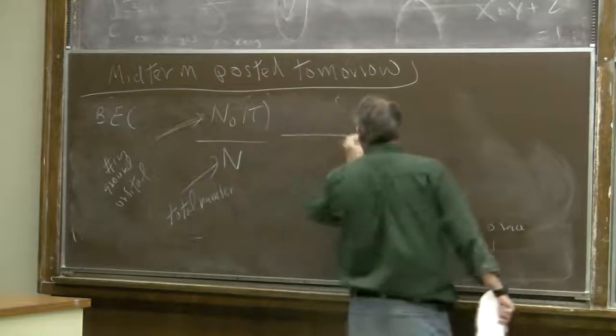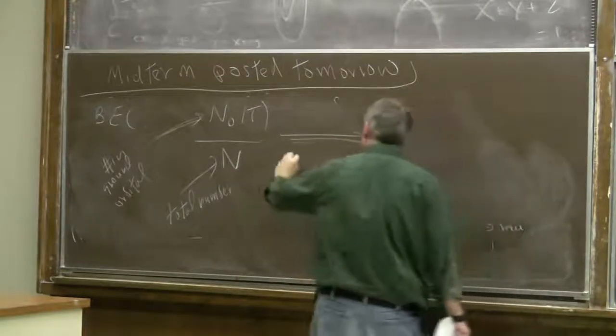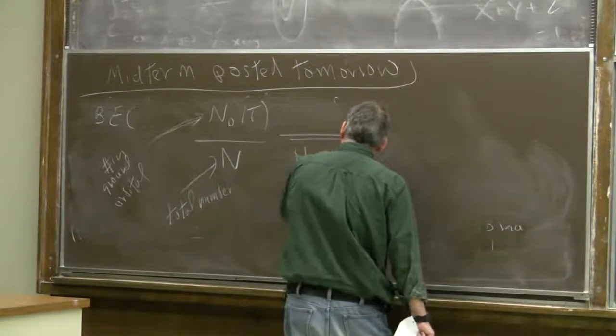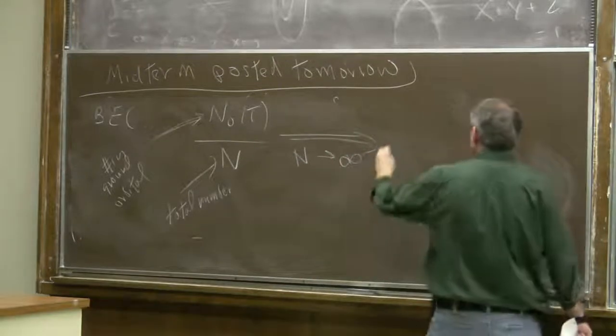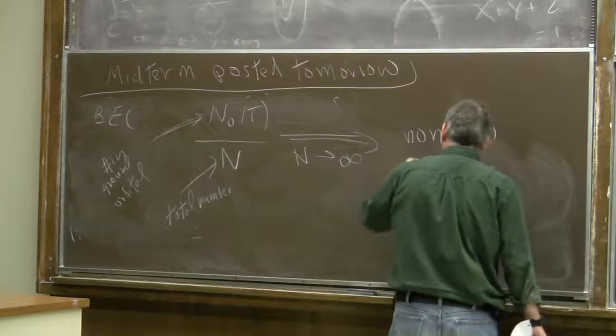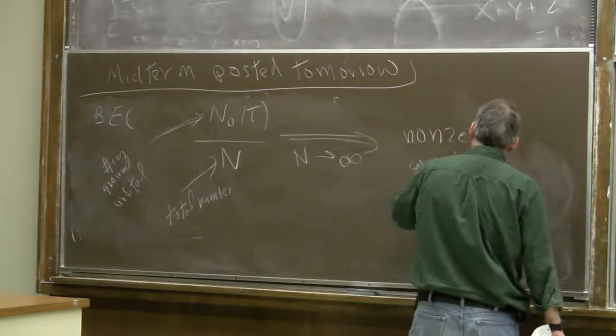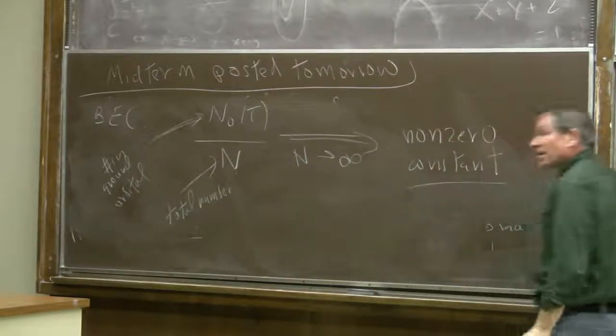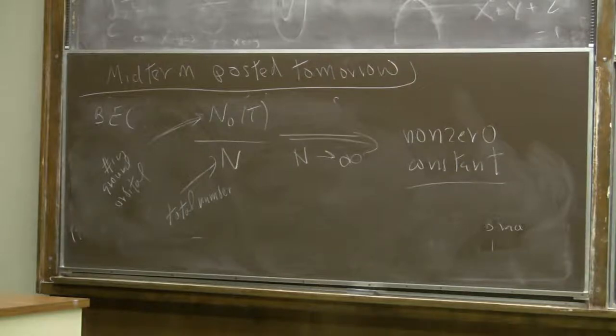And then imagine taking the limit of a large system. So if this is a non-zero constant, if it doesn't go to zero as the system size goes to infinity, that's a Bose-Einstein condensate. Some fixed fraction of all the particles are in the lowest orbital. Okay?